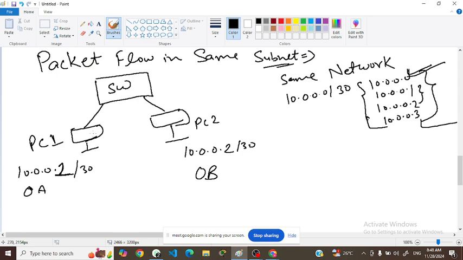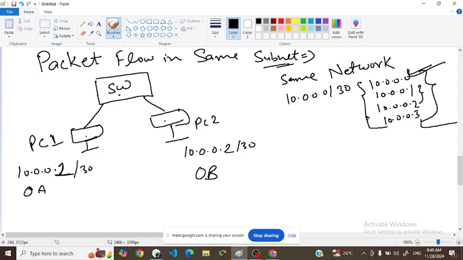This hello packet will go from this PC to the switch, and from the switch to this PC. After that, Abdul will reply hello, then this PC will send a message to this switch, and the switch will forward it to this PC. So the entire process is a very complicated process.